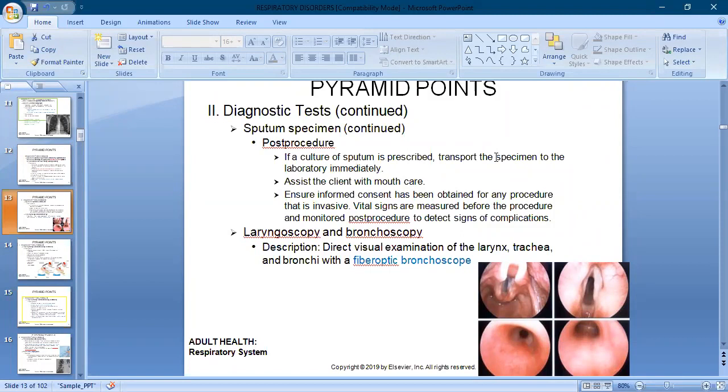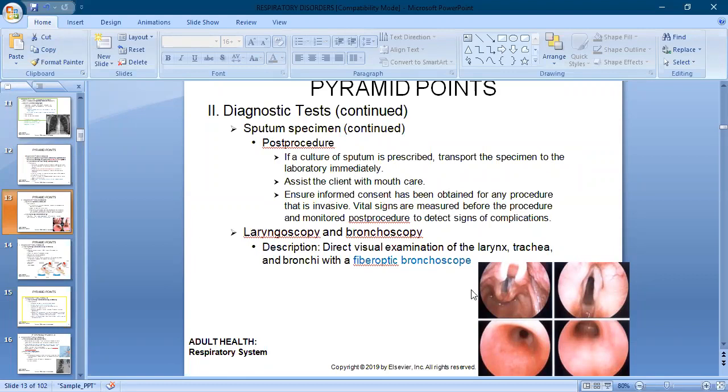And definitely we have to help and educate the patient for mouth care. Ensure the informed consent has been obtained for any procedure that is invasive, because we are handling the patient and we put something in the throat. This is an invasive procedure. Vital sign measurement is important, right? Any abnormal vital sign, meaning fluctuation, means the patient is not stable.